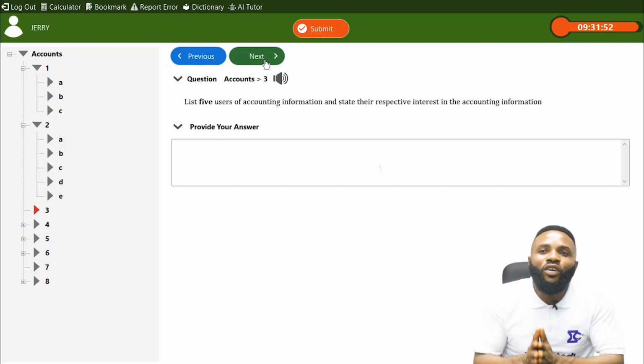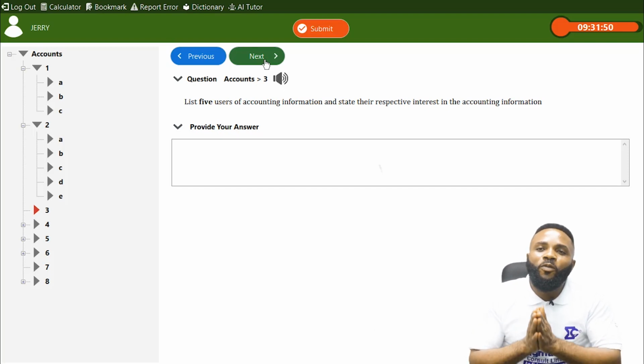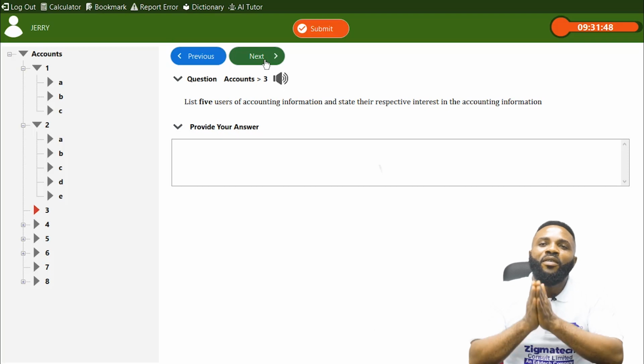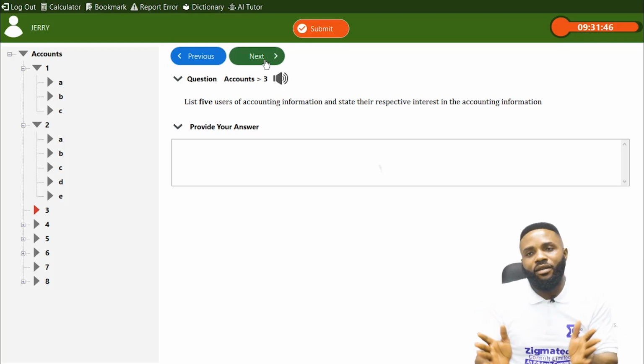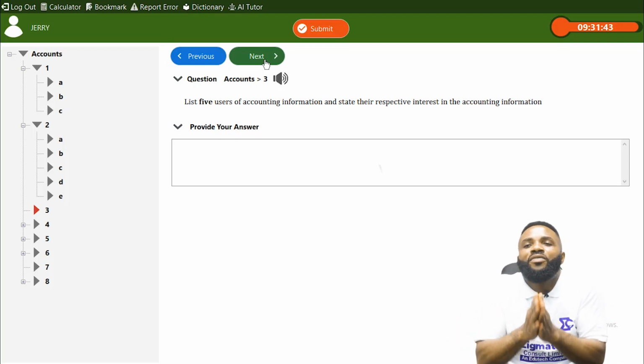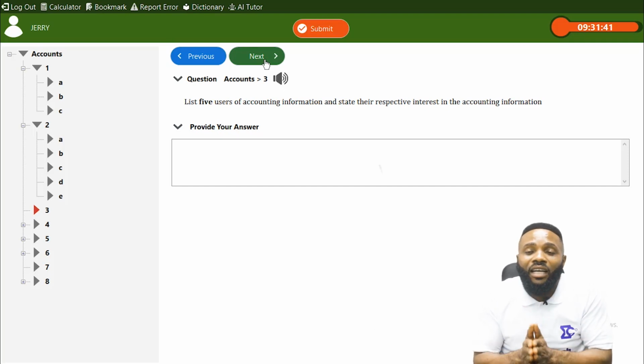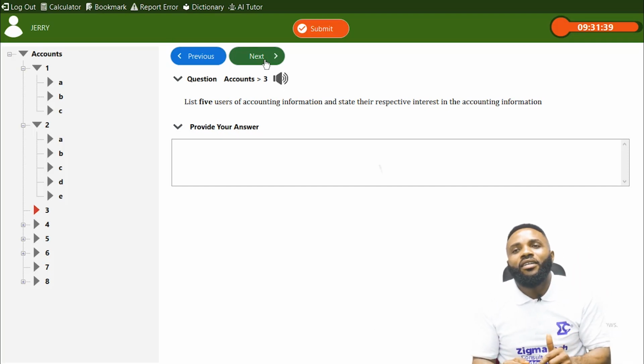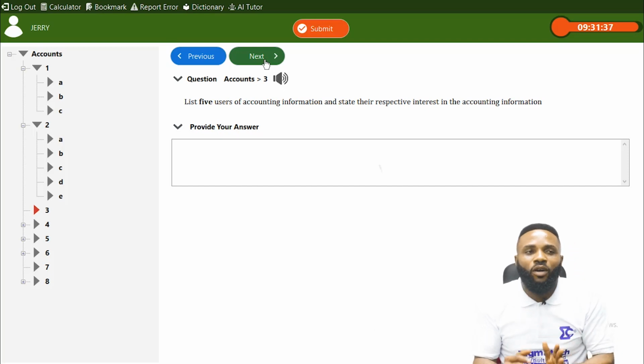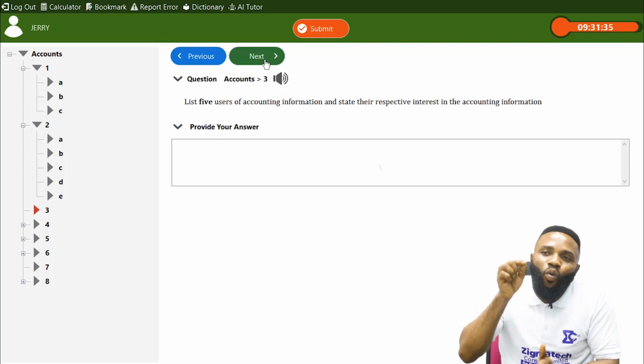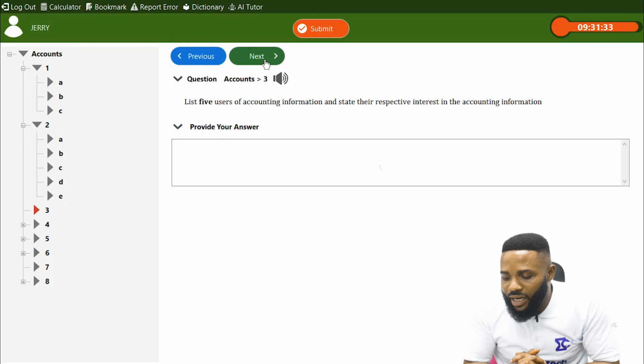So the examiner on this particular question wants to find out if the student can remember 5. We have close to 10, but they want to find out if the student can remember at least 5 users of accounting information and why they are interested in the information.